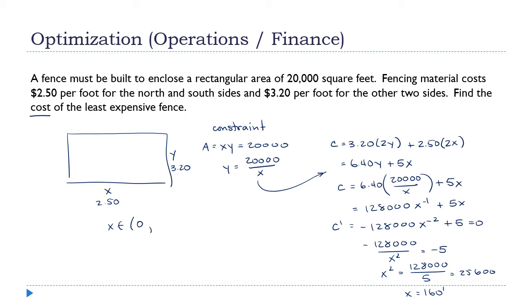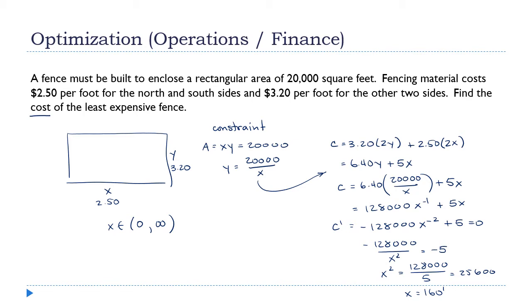And what's the maximum value of X? Well, see, this is a little tricky too. X doesn't really have a maximum value. I mean, you may be thinking 20,000, right? But no, X could be 40,000, and then Y would be a half, right? So there really isn't an upper bound either, and that's okay.